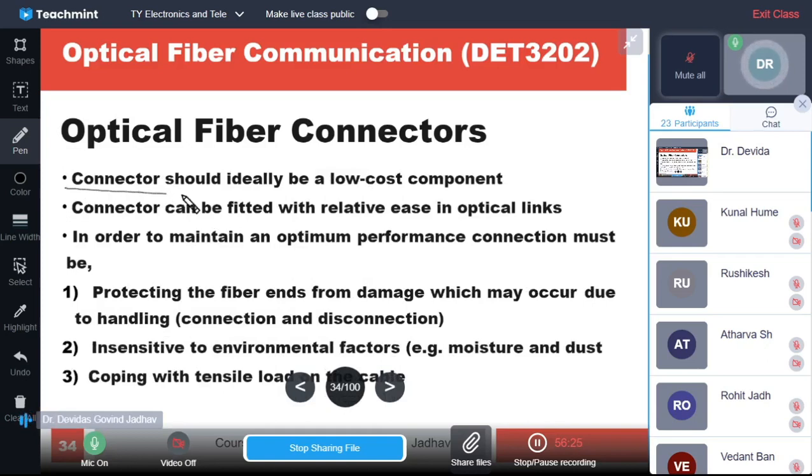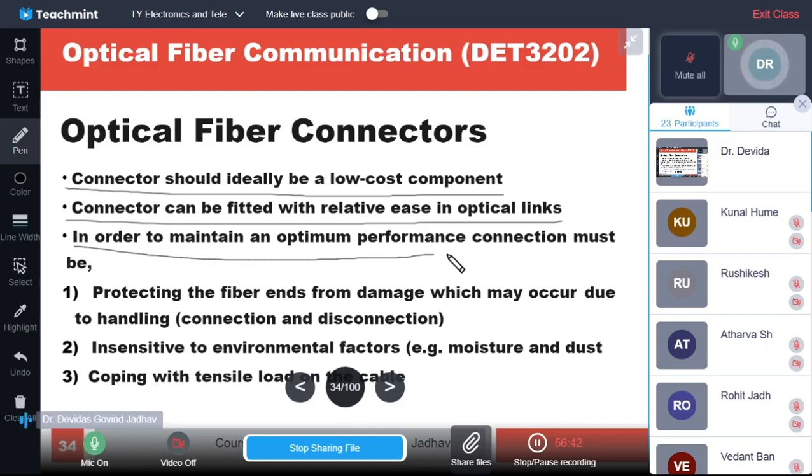So the connector should ideally be a low cost component. It can be fitted with relative ease in the optical links because these are demountable. In order to maintain optimum performance, the connector must protect the fiber ends from the damage which will occur in handling during connection and disconnection.